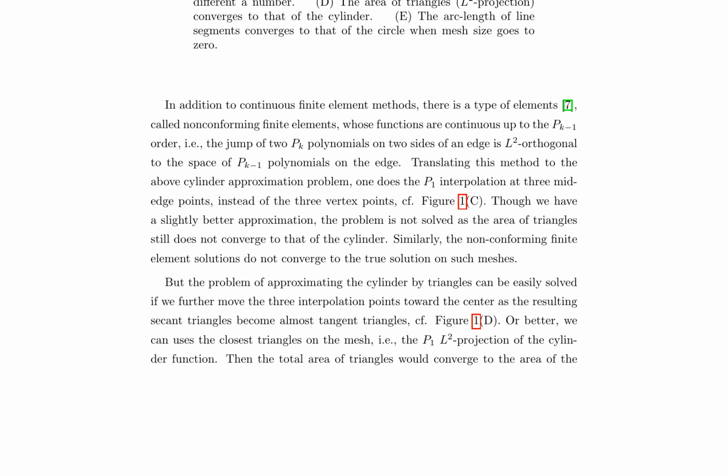By exploring these different approaches, the importance of carefully selecting interpolation points and projection methods is highlighted to achieve accurate approximations of curved surfaces using triangular meshes. This research underscores the need for a more nuanced understanding of the interplay between mesh geometry and interpolation techniques to overcome the limitations of traditional finite element methods.